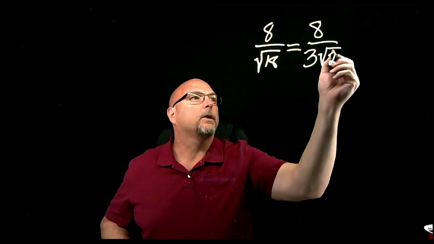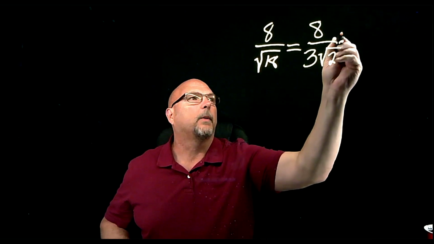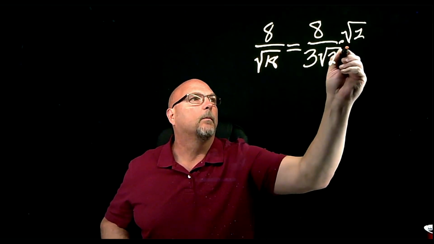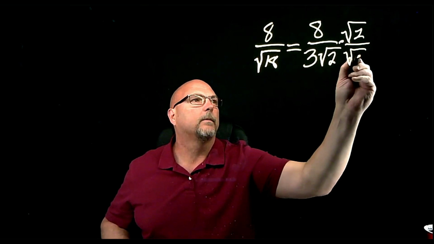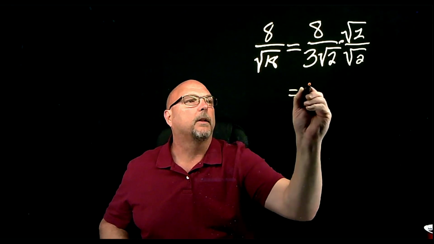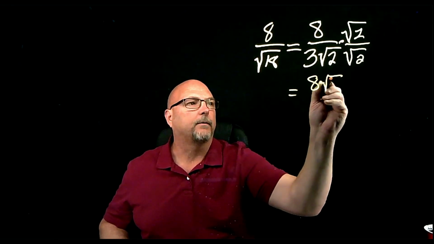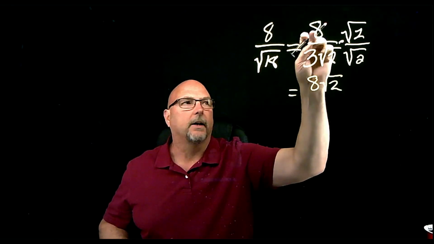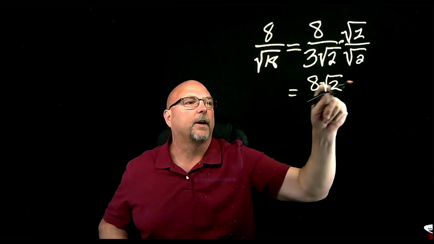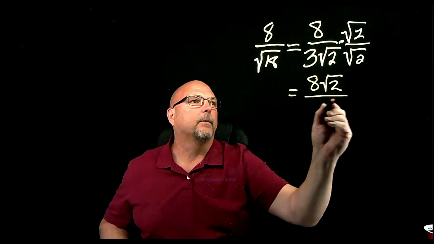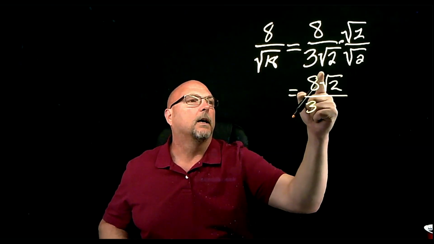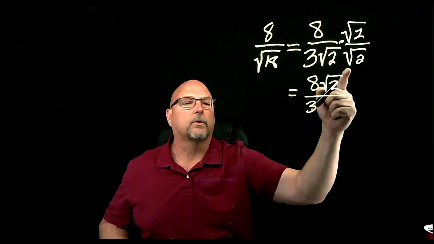So I could multiply my top and bottom by the square root of 2. I'd end up with 8 times the square root of 2 in the numerator, numerator times numerator. And in the bottom I'd have 3 times the square root of 2 times the square root of 2.